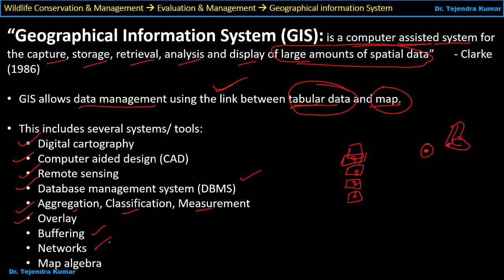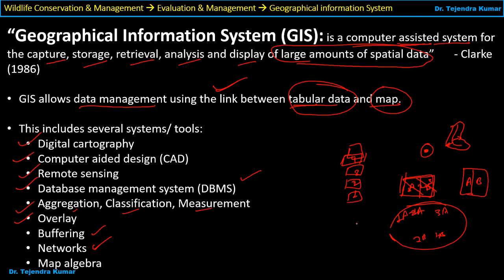Next, networks. Whenever we are placing the layers as overlay, then we can understand how the networks are made. Likewise, this is the one area, two area, this is third, and there is another image. And we are placing over here, and it is showing this kind of A and B. So we can say now we are placing here, and this is the A and this is the B. So 1A, 2A, 3A, then 2B, 3B.